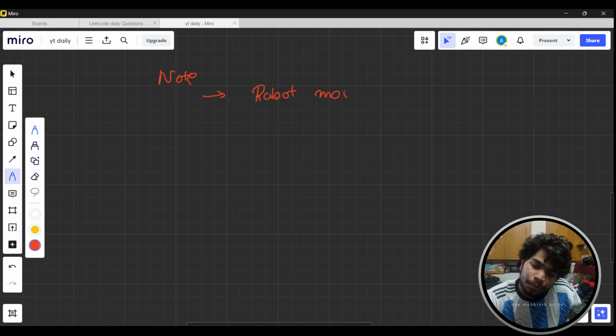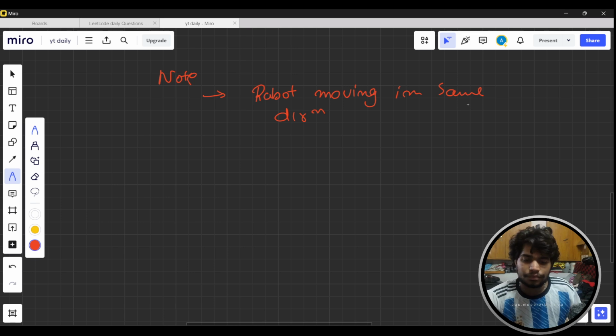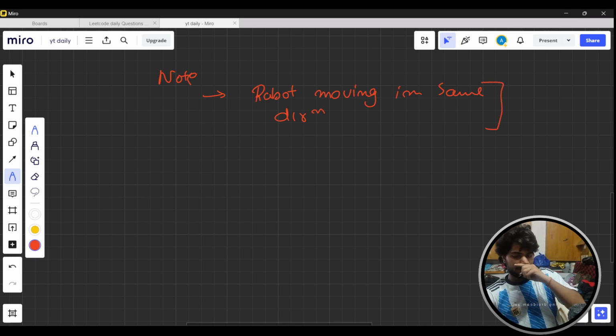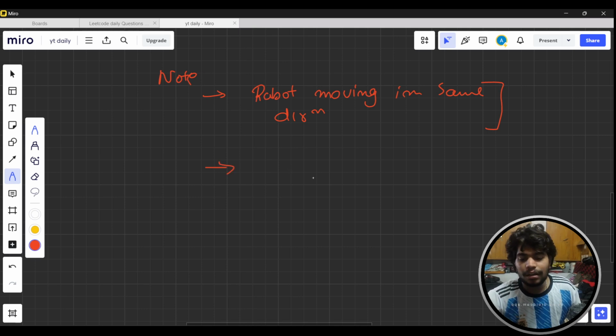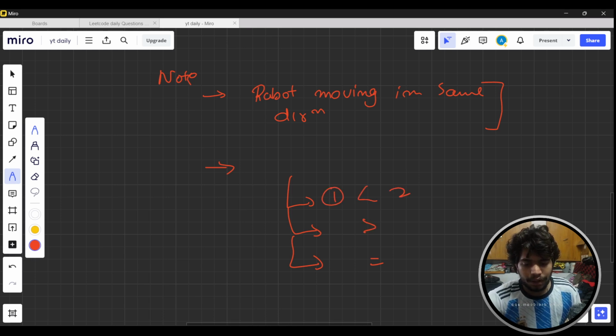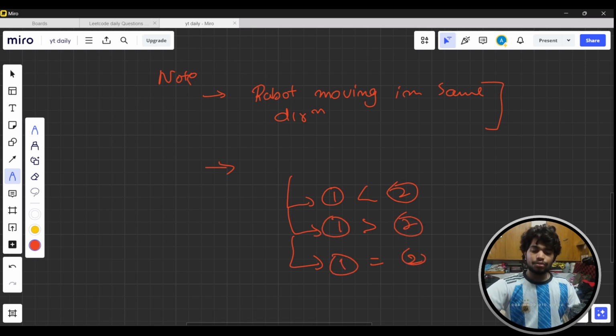And the three cases of collision: when two is stronger, when one is stronger, and when both have equal health. So till now I have found this.